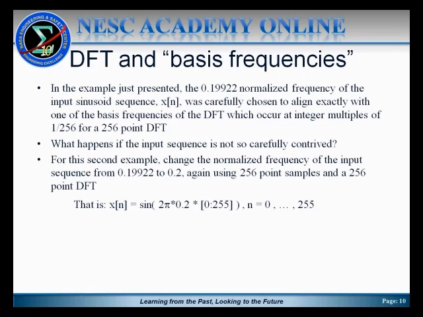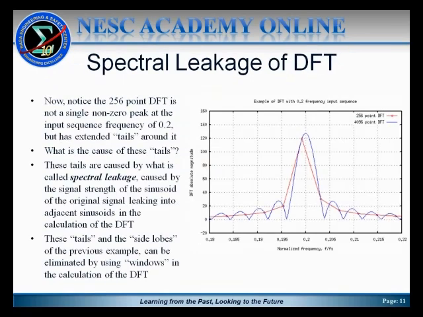It's x sub n equals sine of 2 pi times 0.2 normalized frequency for the samples 0 to 255, which results in a 256 point sample x sub n. If we compute the discrete Fourier transform of that and then plot out the magnitude of the DFT versus normalized frequency, you'll get the red line, which is the 256 point DFT of that new sequence.